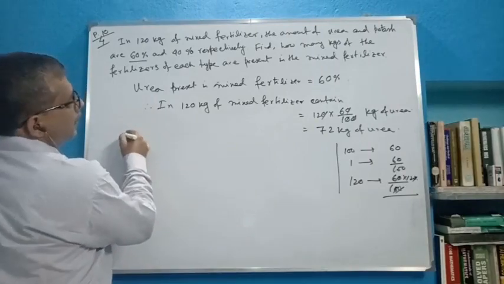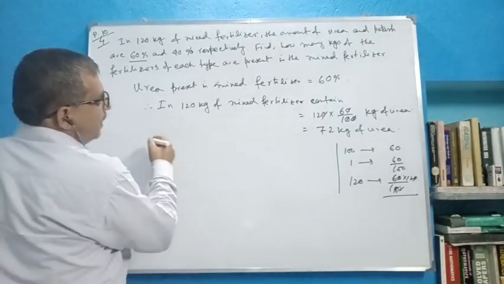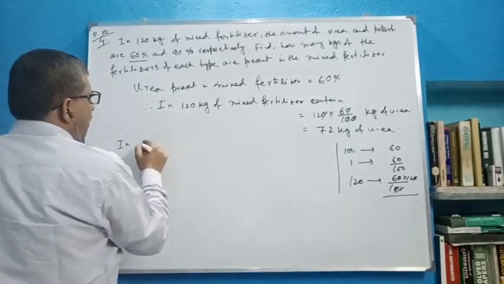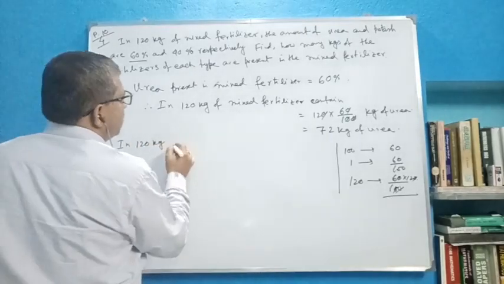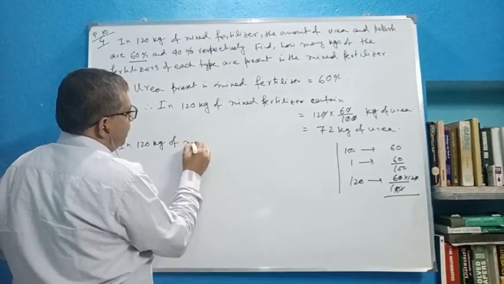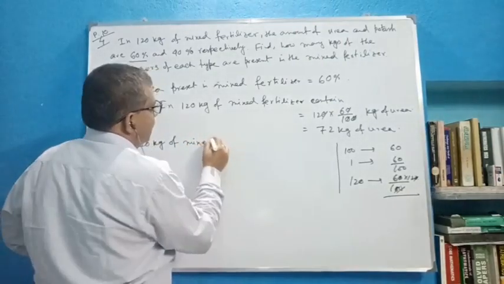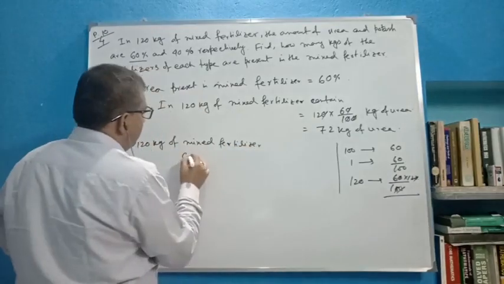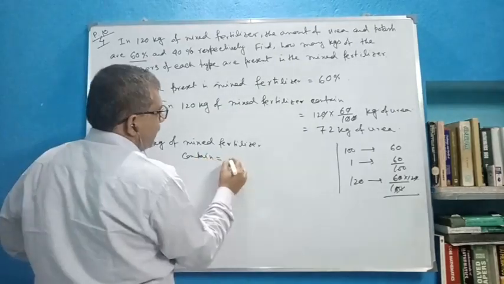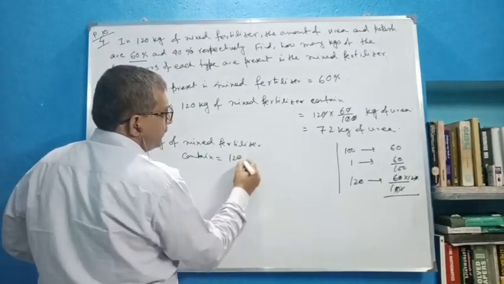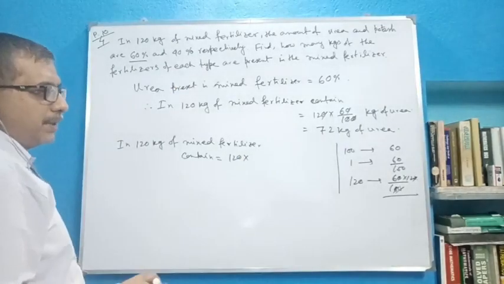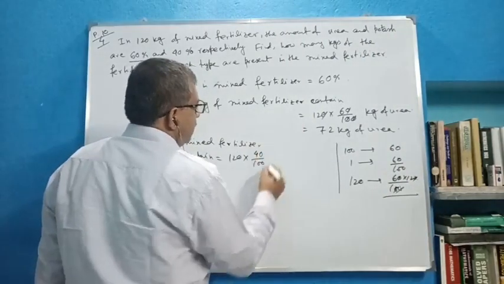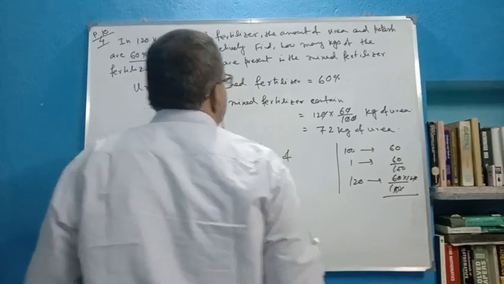So in 120 kg of mixed fertilizer, there are 120 into 40%, and 40% means 40 by 100, kg of potash.